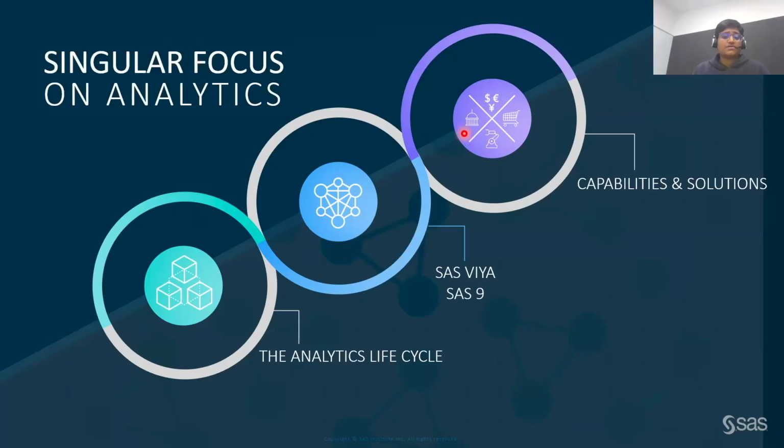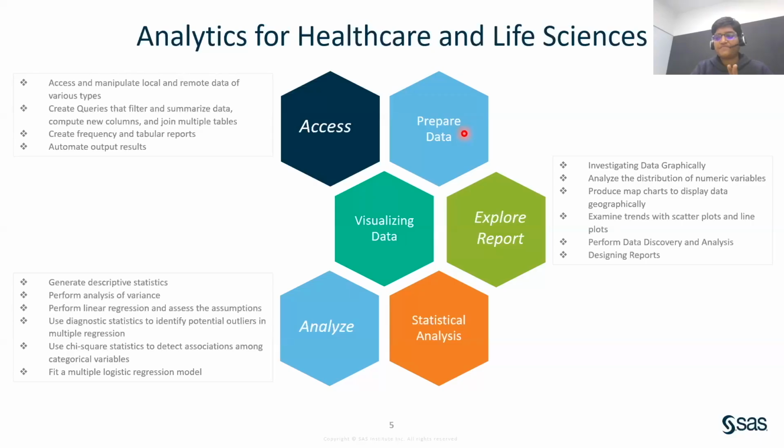And if you're looking at retail, then you've got something like Customer Intelligence 360 that can be used to get complete demographic information, or can also be used as a marketing tool within the retail industry. So there are different capabilities, different solutions that have been built over and above the tools that allow you to work with the three important parts of the analytics lifecycle.